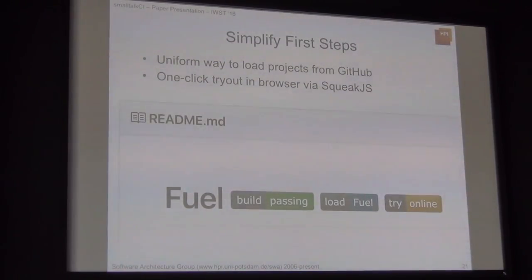What would also be pretty cool, and going in the same direction, is a one-click tryout. You basically click on a "try this out online" badge, or whatever you want to call it, it doesn't have to be a badge, it can be on your website, and it opens your browser and opens Spec.js for instance, and then loads the code and gives the user the ability to try out a project without having to download a VM and an image and then trying to load the right baseline or configuration.